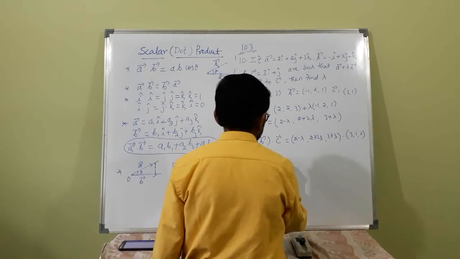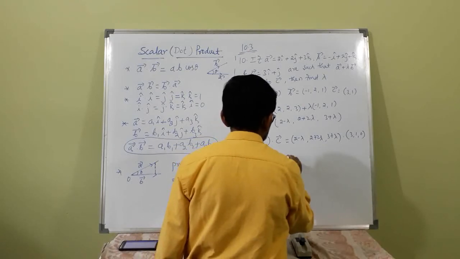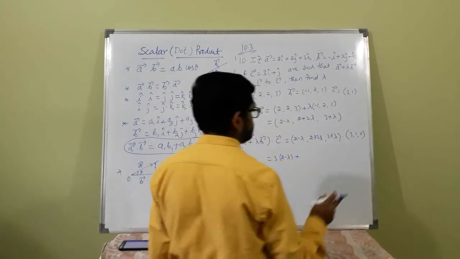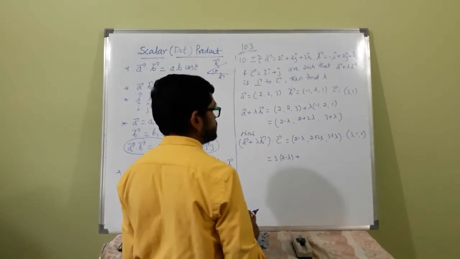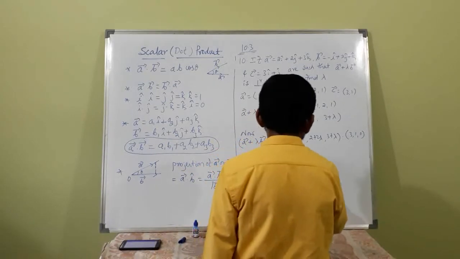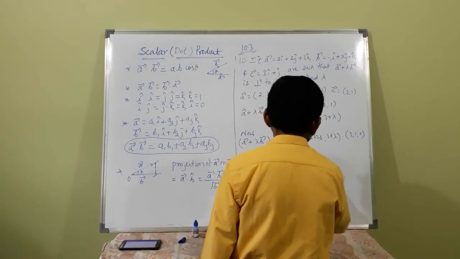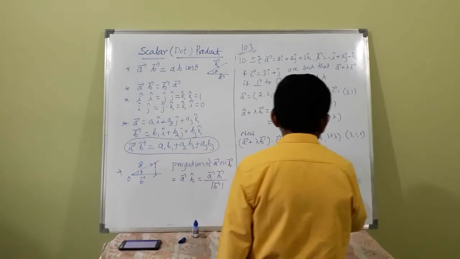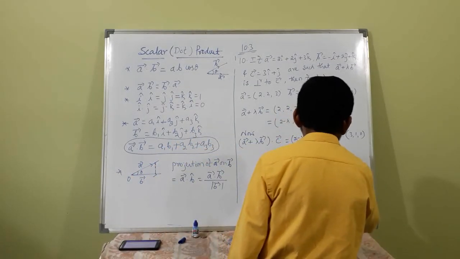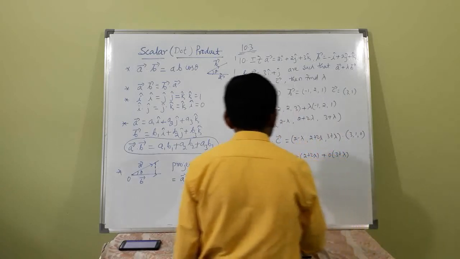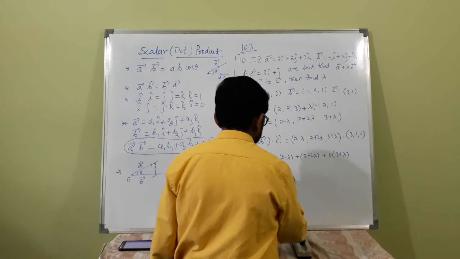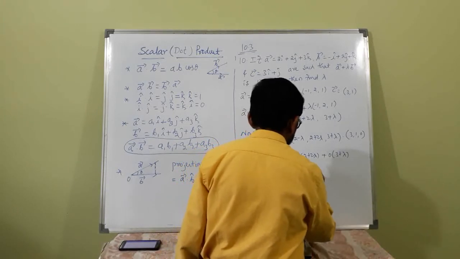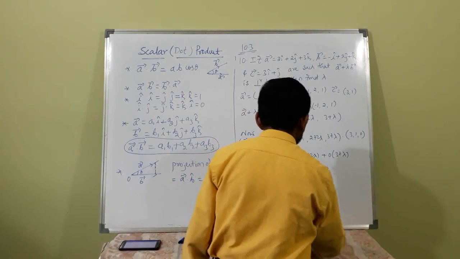That is 3 into 2 minus lambda, plus 1 into 2 plus 2 lambda, and 0 into 3 plus lambda, that is 6 minus 3 lambda plus 2 plus 2 lambda plus 0.